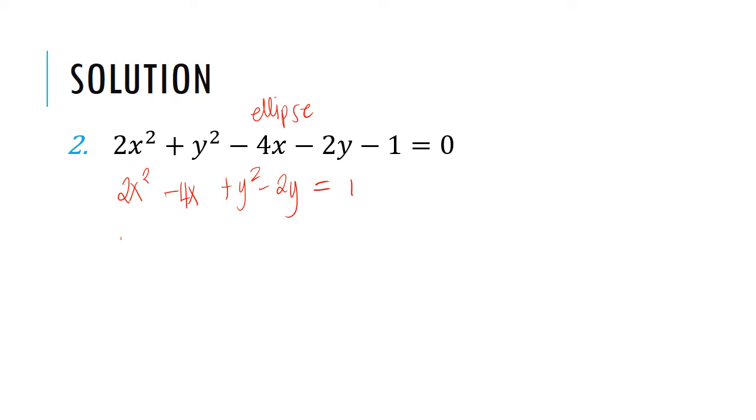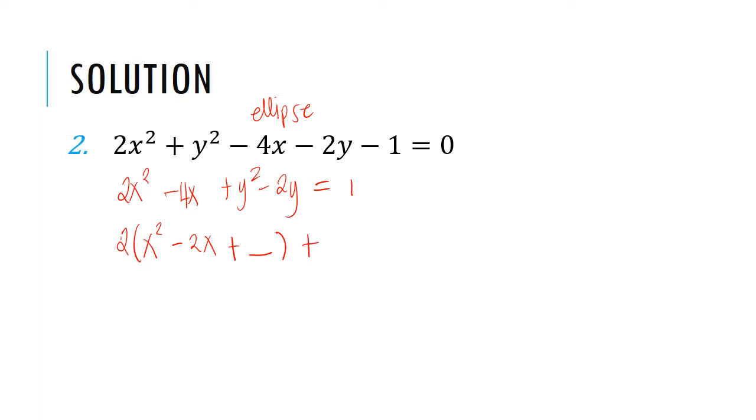for the terms with x variables, the coefficient of x squared is 2. So what I'm going to do first is to factor out 2. And then I will be left with negative 2x. Then I would add space for the constant term added to complete the square.